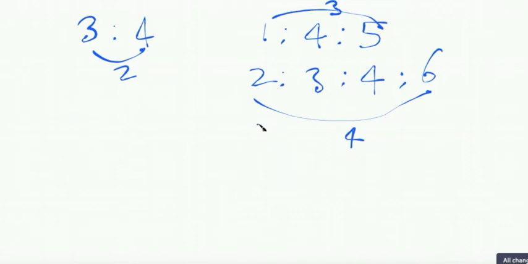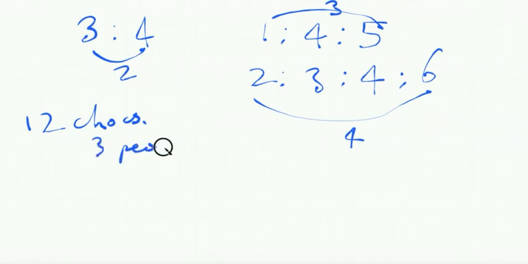Let's look at a small example of a question involving 3 sections. Imagine we have a box of 12 chocolates, and I'm going to distribute it to 3 people in the ratio of 1 to 2 to 3.